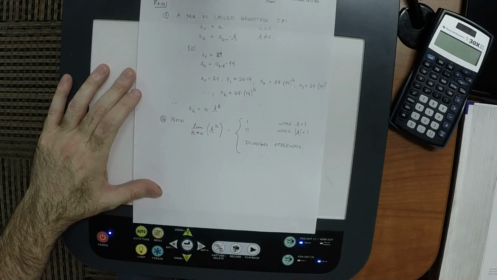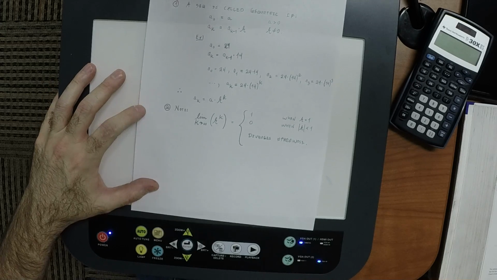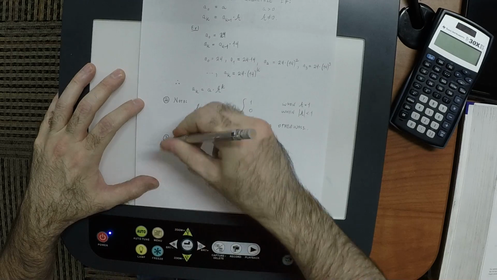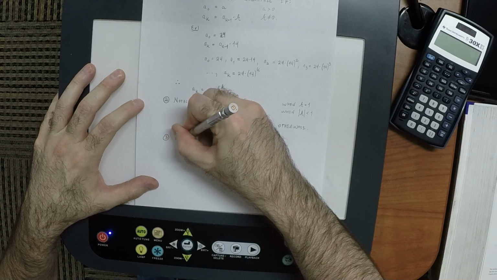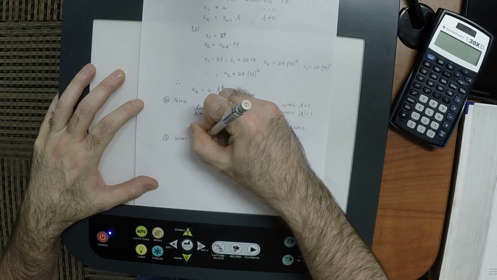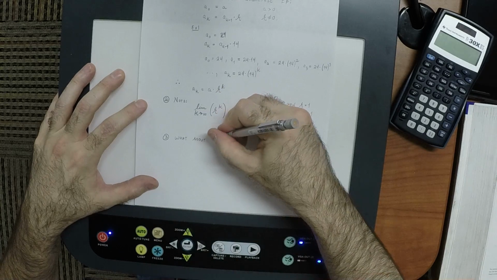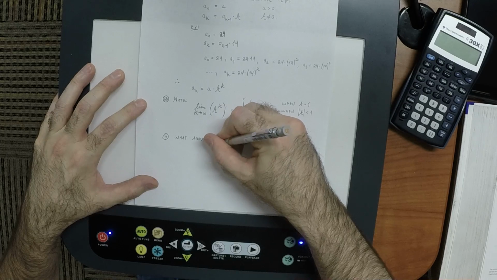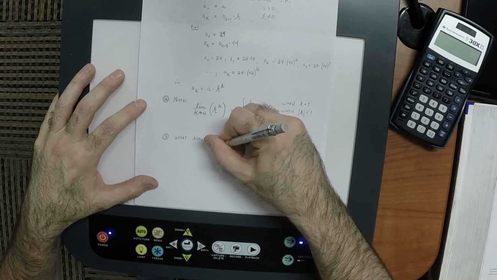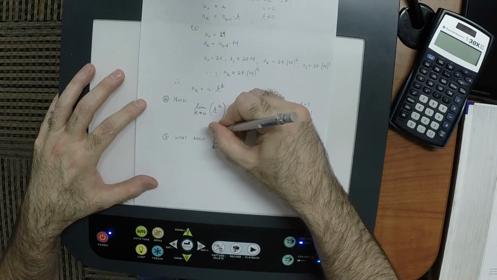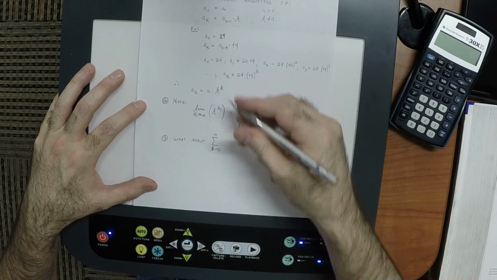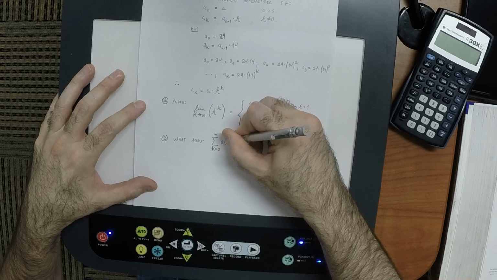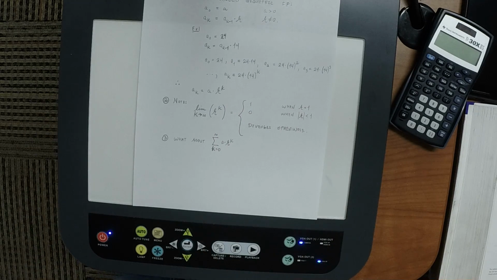All right. So now we want a geometric series. What about the sum from k is 0 to infinity of a multiplied by r to the k?